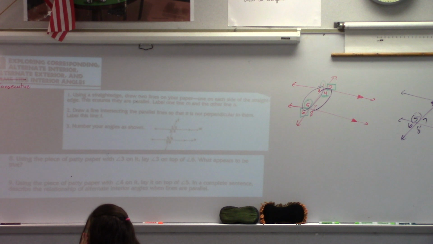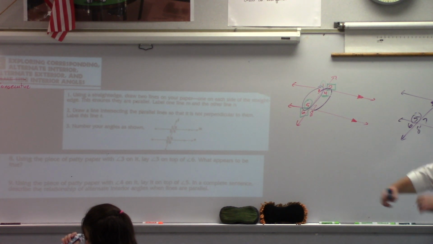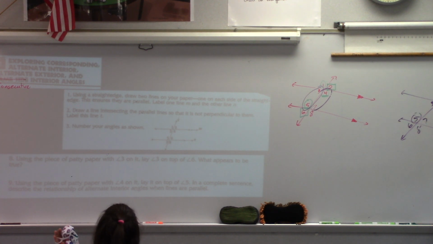Then we finished up last time with number 9, using that patty paper, right? In a complete sentence, describe the relationship of the alternate interior angles when the lines are parallel. These were what? Alternate interior. Yes, they are alternate interior, but what is their relationship?